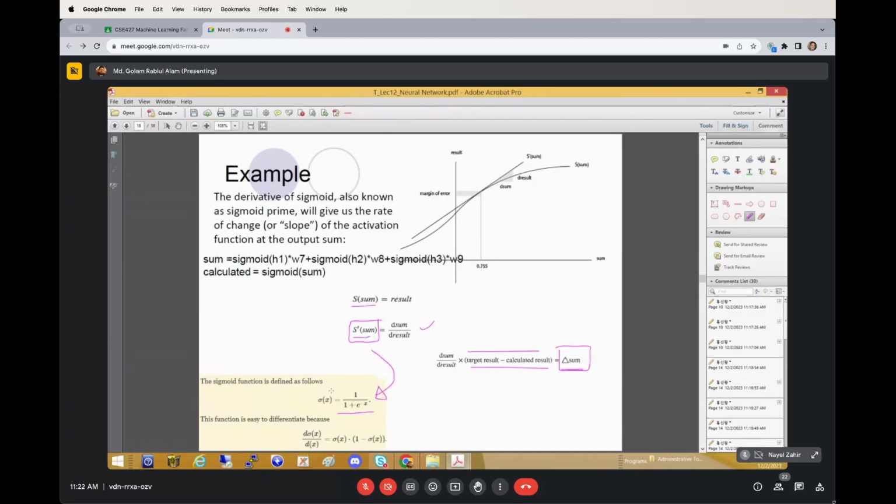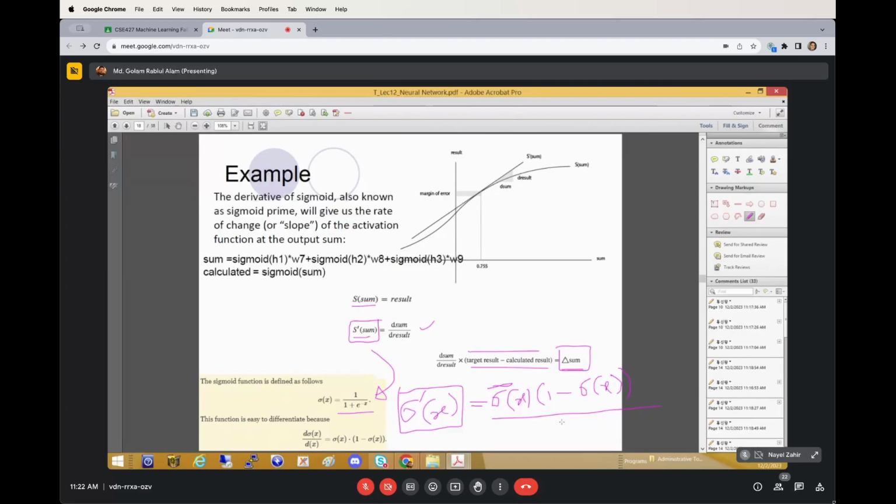If we want to find the derivative of a sigmoid, it will be the sigmoid of x times 1 minus sigmoid of x. It is a nice property, because if we calculate only the sigmoid of x, then we can easily find also the derivative of the sigmoid of x.